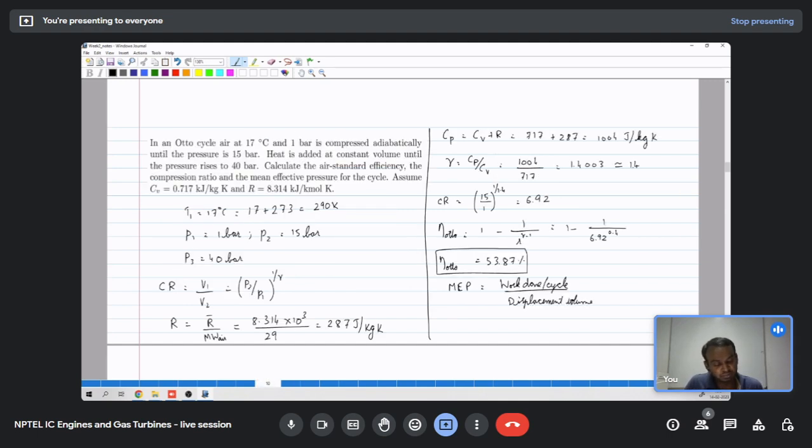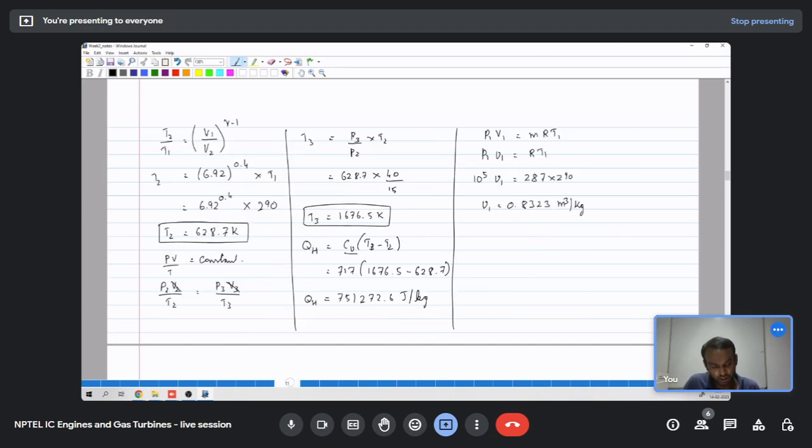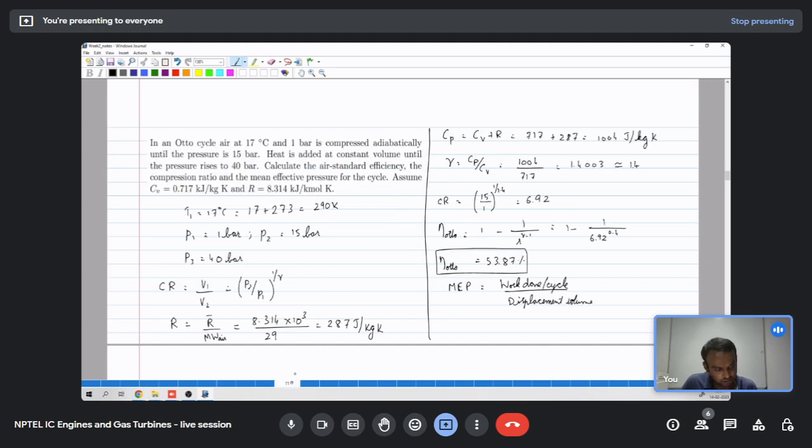When we want to calculate the mean effective pressure, we need the displacement volume, that is V1 minus V2. Using the compression ratio we can get the relationship. Compression ratio is V2 by V1 minus V2. So this is calculated as 6.92.